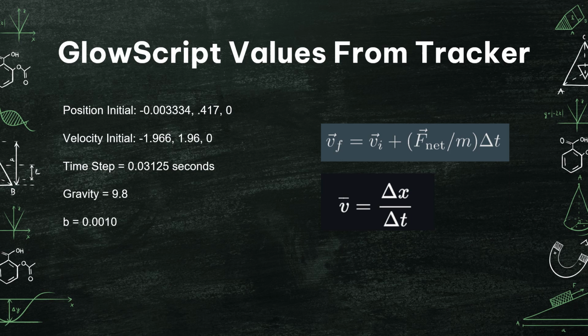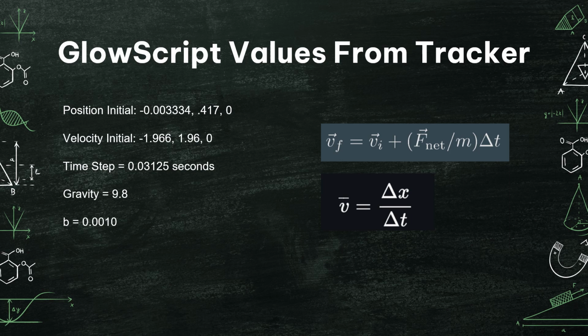So these are the values we got from Tracker. We have our initial position and our initial velocity, and our x component was solved by averaging out all of the x component velocities with each other and then averaging that out again.